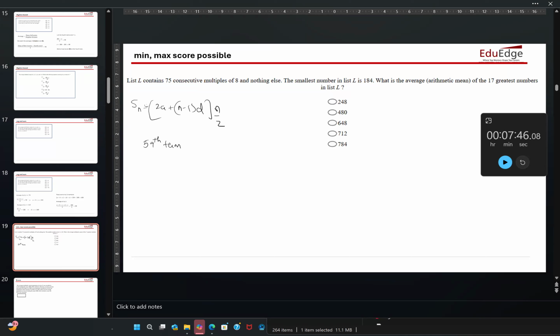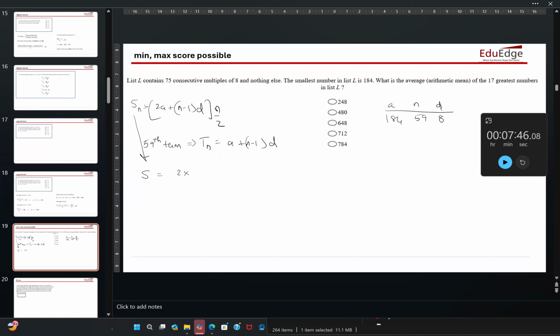So you took the sum as 2 into the 59th term. The term is given by Tn is a plus n minus 1 d. Your a is 184, n is 59, d is 8.